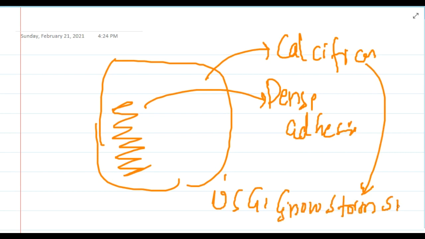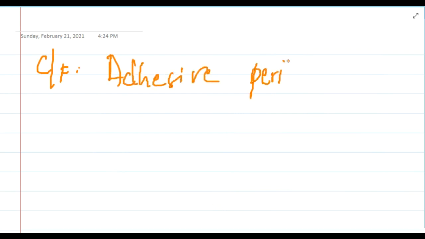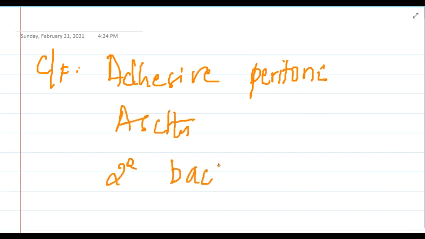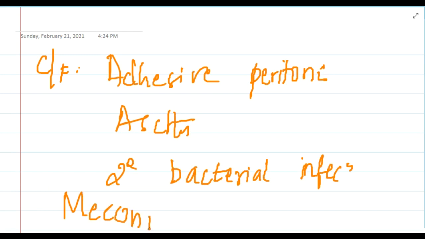Then if you look at the clinical features, adhesive peritonitis can occur, and there can be ascites, and sometimes secondary bacterial infection can also occur. And one more important thing is that a meconium pseudocyst can develop slowly.